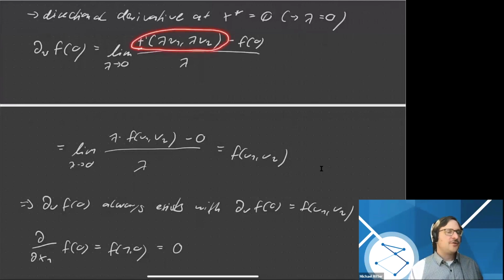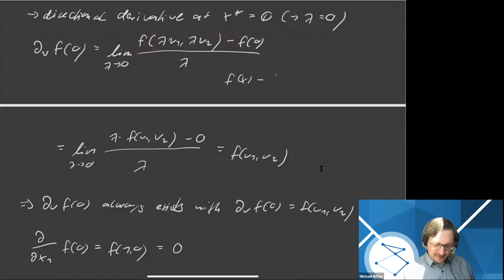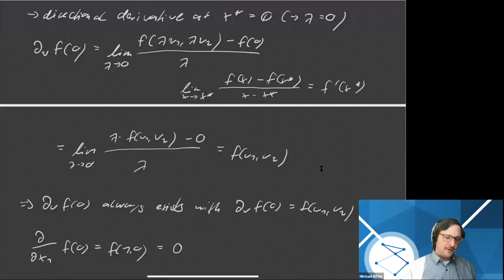And now I'm just using the definition of one-dimensional derivatives. That just says if you want to take the derivative at some point x star, you take the limit of f of x minus f of x star over x minus x star as x goes to x star. That's the definition of one-dimensional derivatives. If that exists, then this is f prime of x star. And in our case, x star is 0.